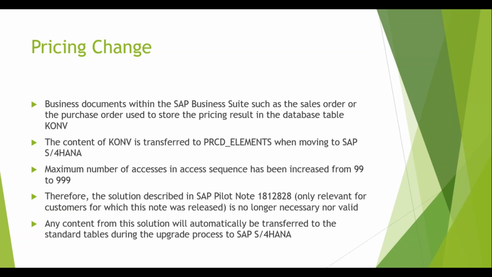When I already have the documents in KONV, how are they going to be migrated into PRCD_elements? Will old documents remain in KONV and new documents come in PRCD_elements, or do I need to bring all my documents in KONV to PRCD_elements using LSMWs, BDCs and all?